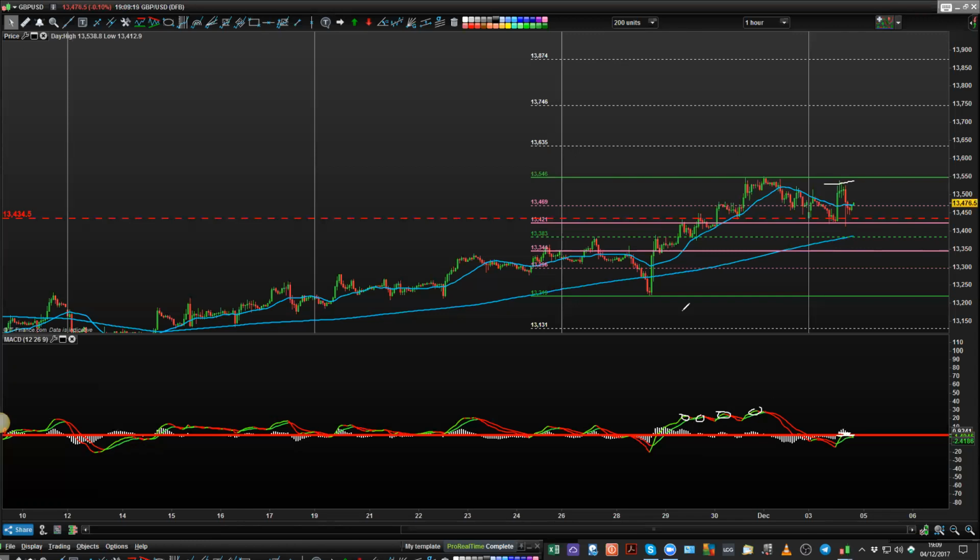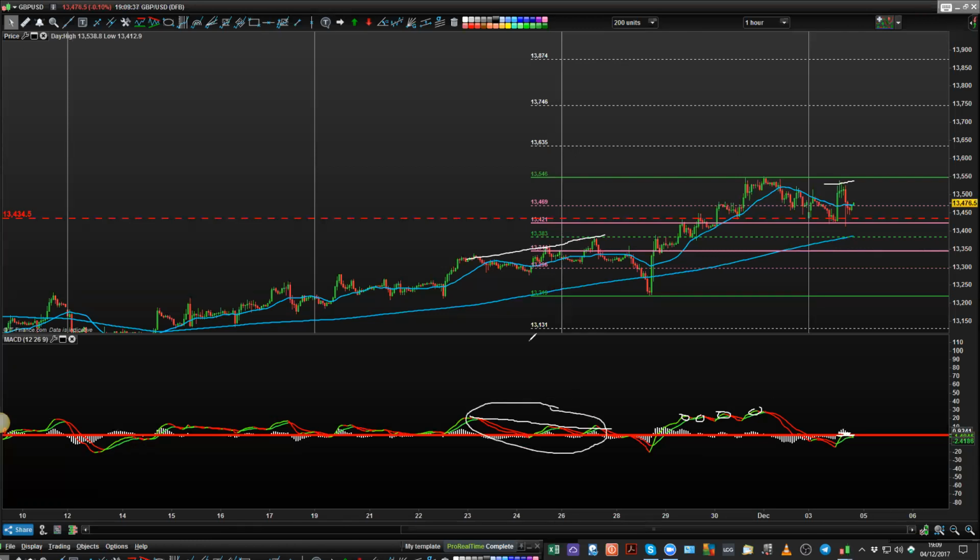The key aspect of this is divergence. So here you can see we are getting lower highs as this is climbing up. So it's this level of divergence that I really like.